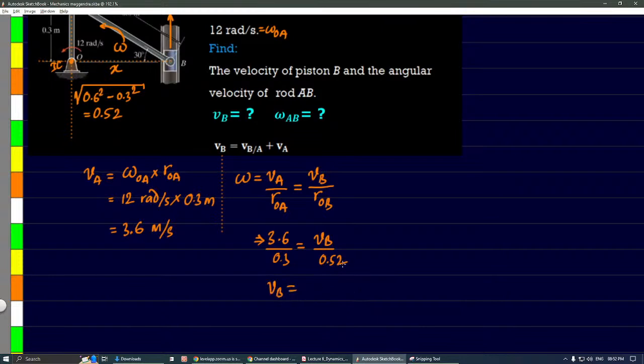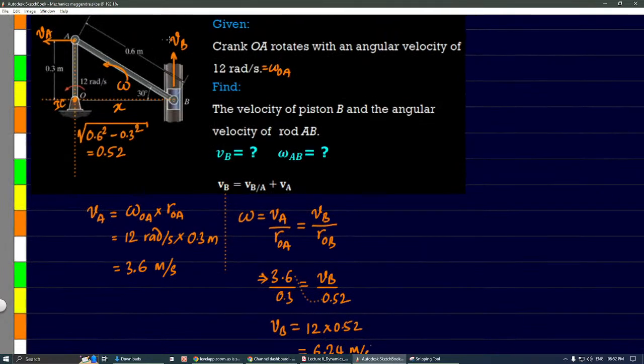VB will be equal to, this will go up, multiply this and divide by 0.3. 12 into 0.52, what do we get? 6.24 meters per second. This is the velocity of B.